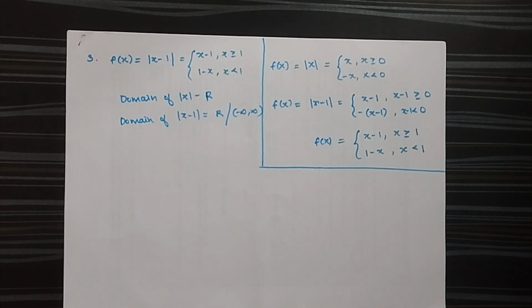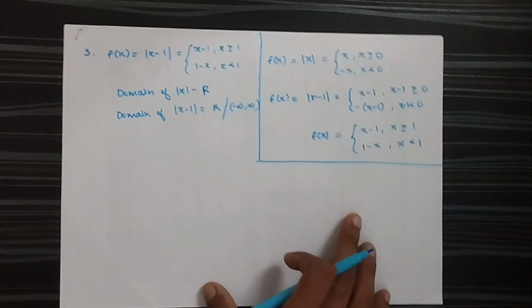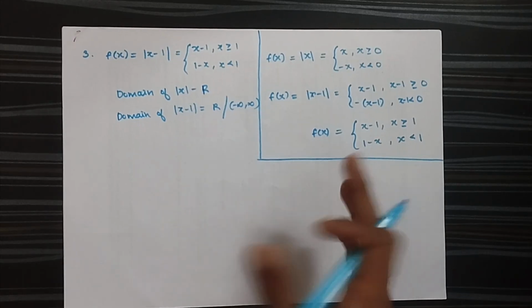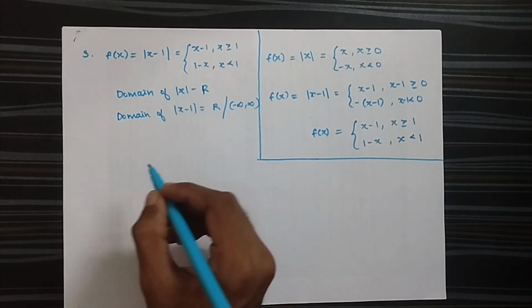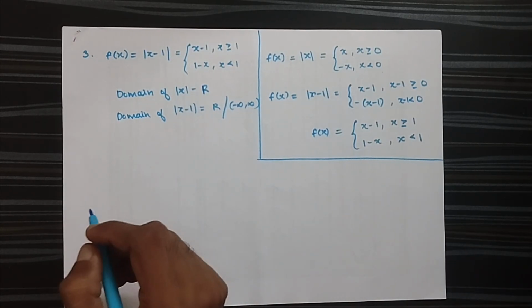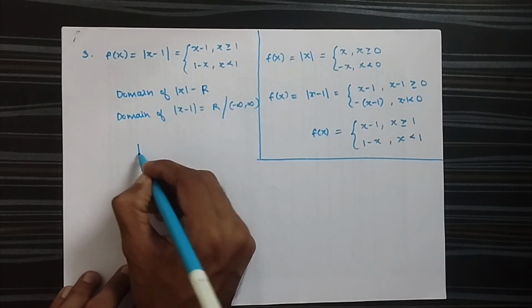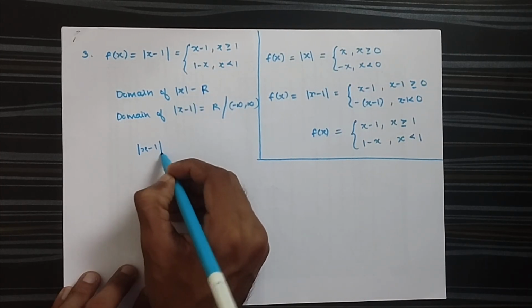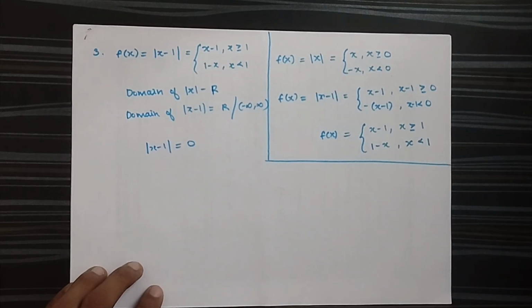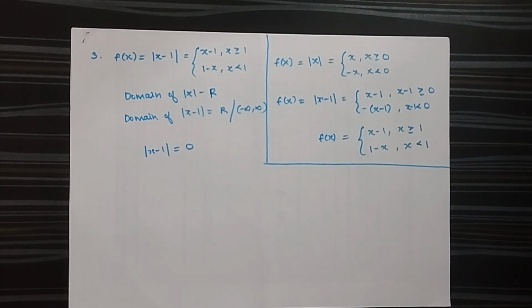What's the least number that it can give as output? It would be 0, right? Because nothing is positive to the left side of 0. So 0 would be the least value the mod function can return. So we can set mod x minus 1 equal to 0, stating that 0 would be the least value of its output.